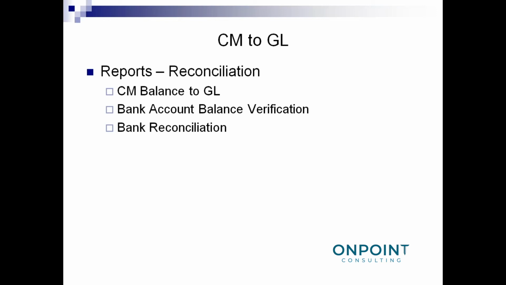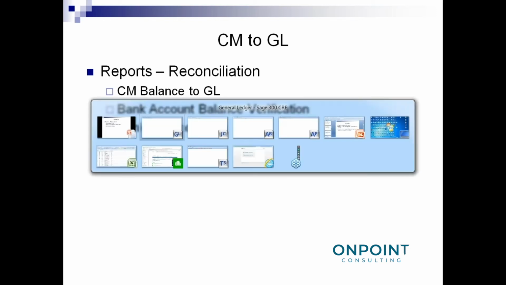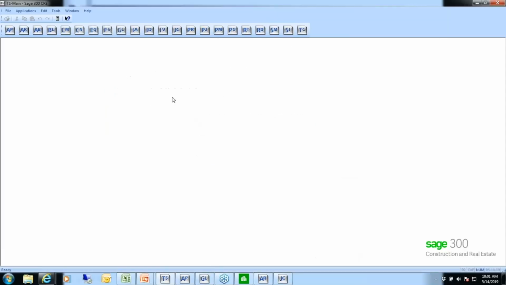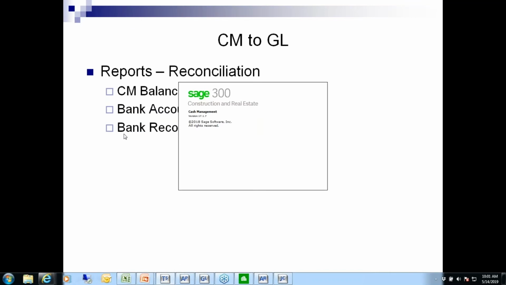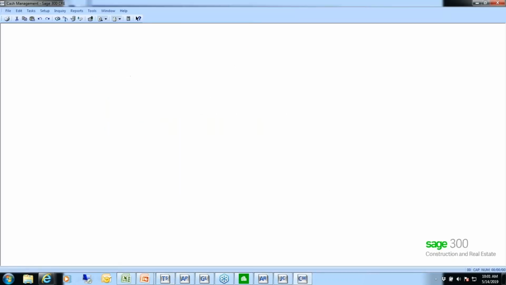Now, the other thing that you're looking for, let me bring up cash management. Sometimes, if you are seeing a difference in these reports, running this report will actually show you where you need to make corrections.